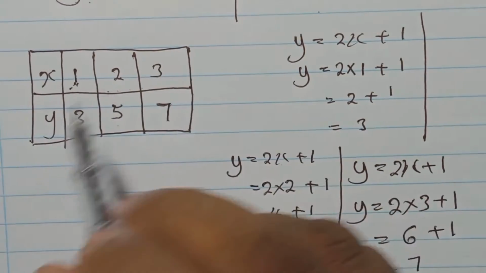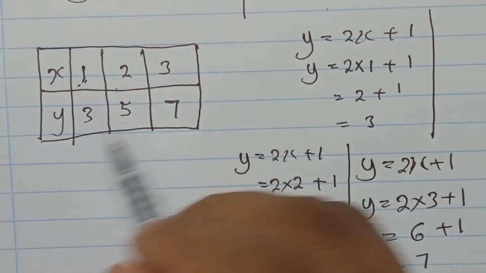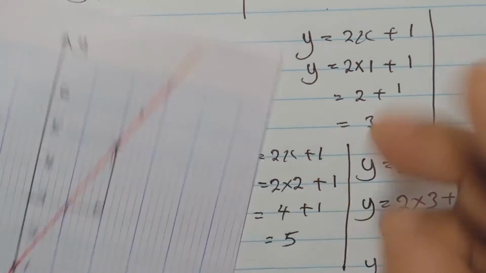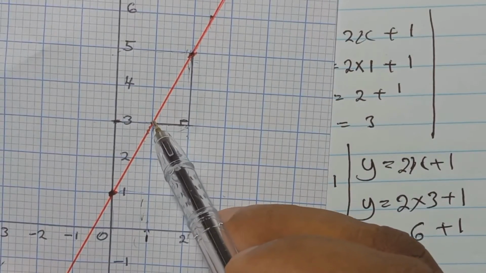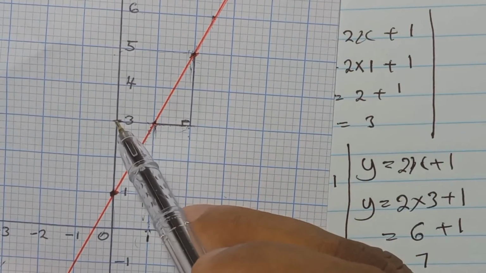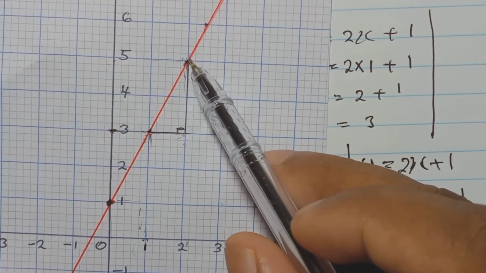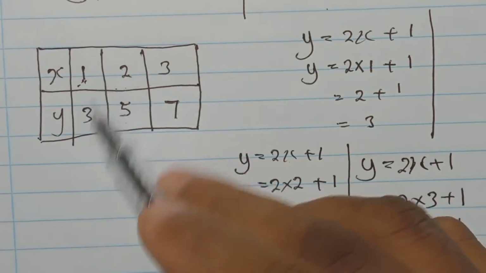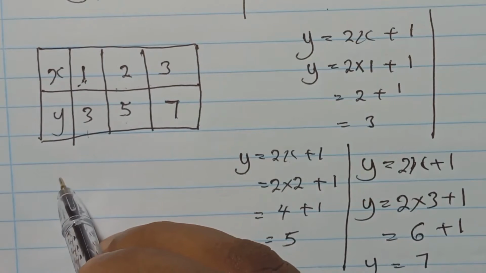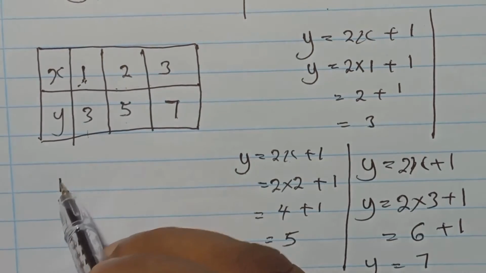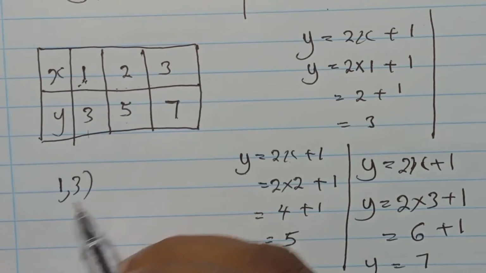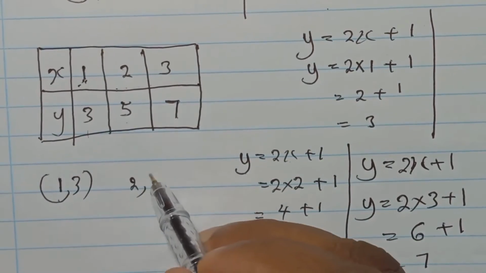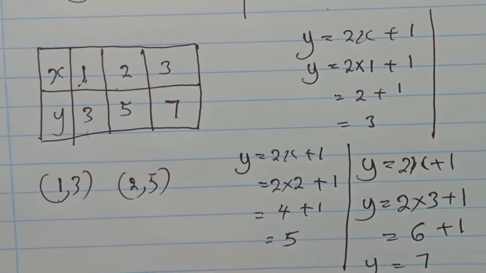Now I make the table. These are coordinates: for this point, x is 1, y is 3. For this point, x is 2, y is 5. So I will write the coordinates as 1 comma 3, that is one coordinate. Then 2 comma 5, that is one coordinate.